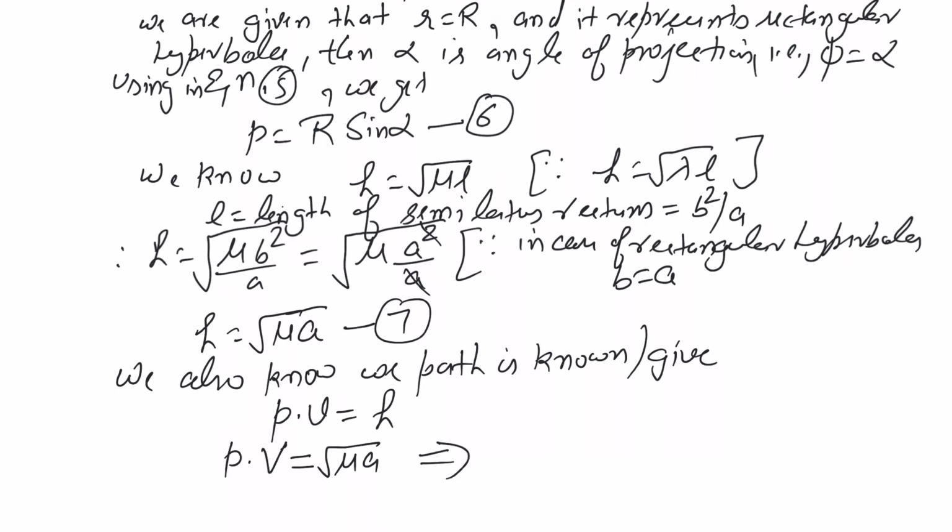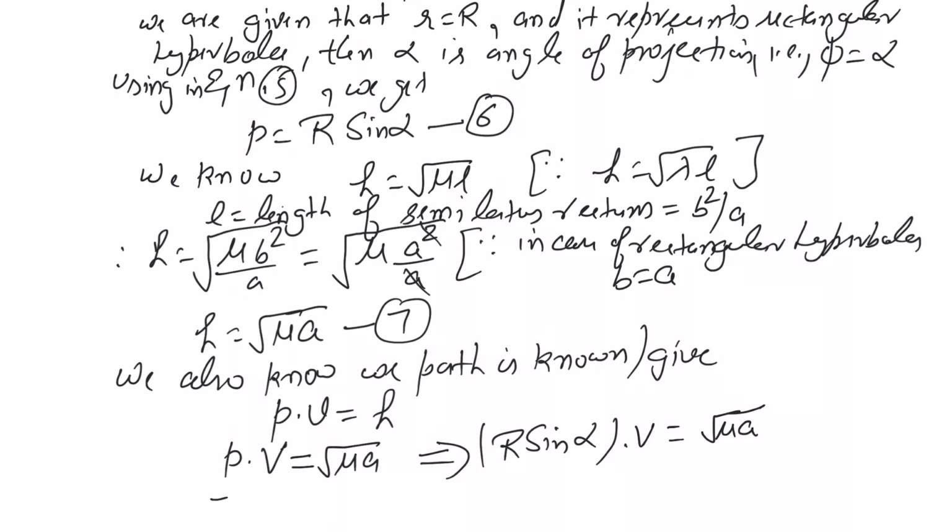This implies that from equation number 6 we can write R sine alpha multiplied by V is equal to root mu a.